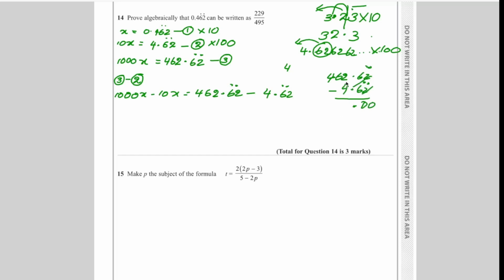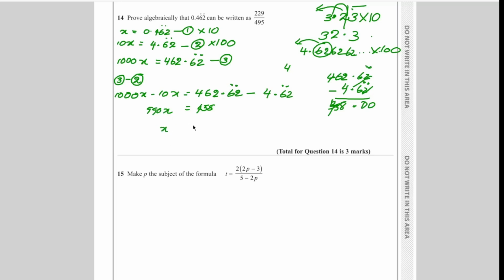So once we subtract this one, we get 458. Here I'm getting 990x. Then I need to get x.